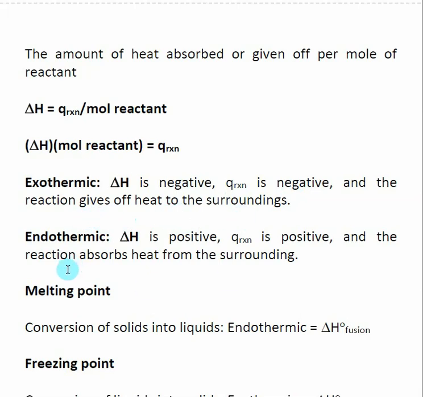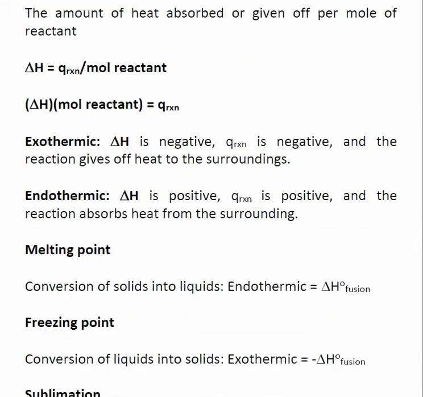The exact opposite is true for endothermic reactions, so that delta H is a positive number, and this is going to correspondingly mean that Q reaction is going to be positive, and this means that the reaction absorbs heat from the surroundings. So a lot of the times, just by looking at the actual phase transition that we're going to be undergoing, you can intuitively know: is it going to take heat, or are we going to have to remove heat from it to cause the phase change to occur?